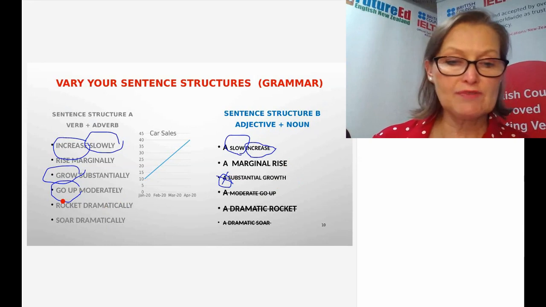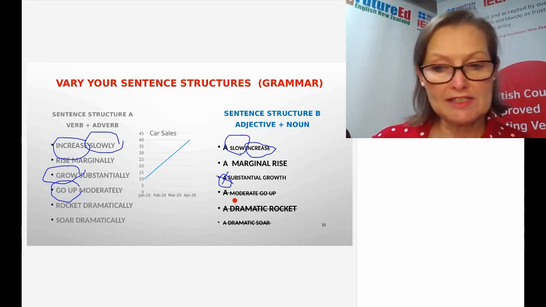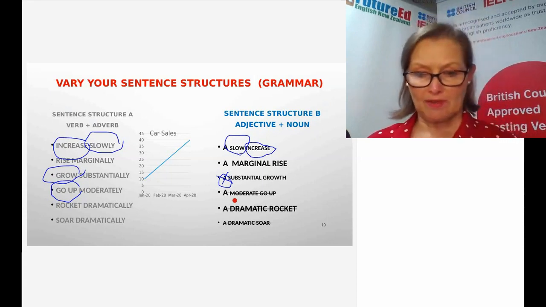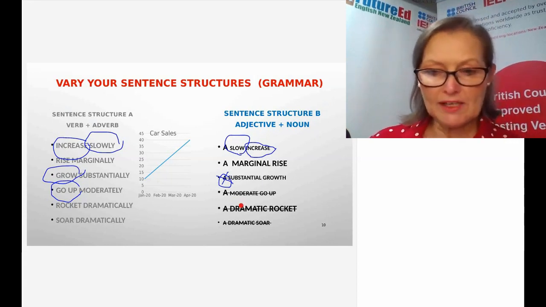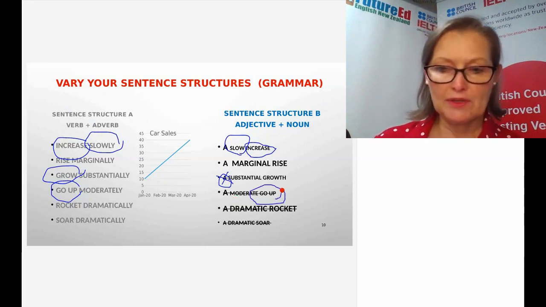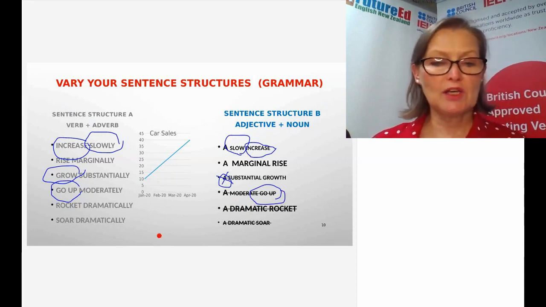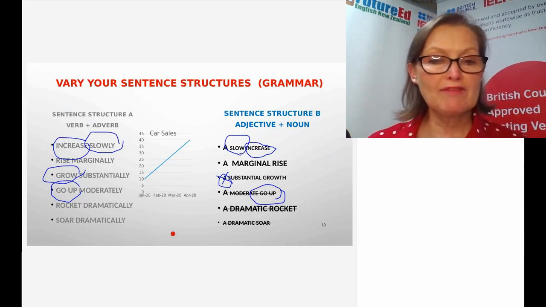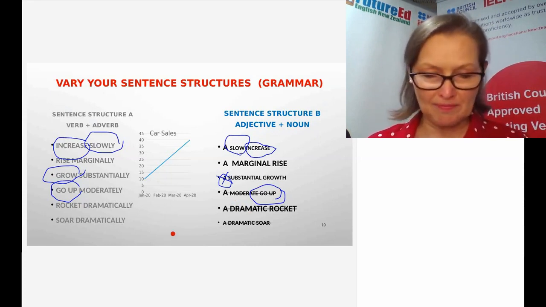And when we get to this verb, go up, this is not a verb that translates into an adjective. So I'm not going to say a moderate go up. It's not going to translate into my noun. So I can't use this one. I can only use go up with my verb and adverb structure.